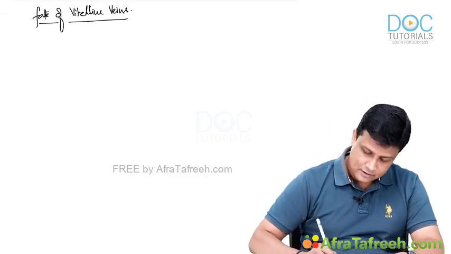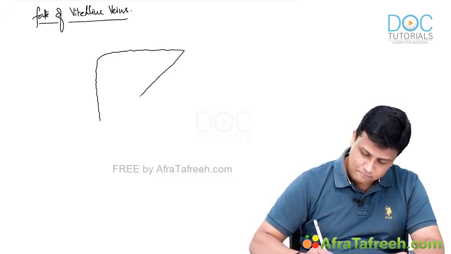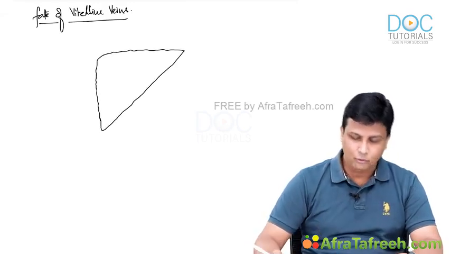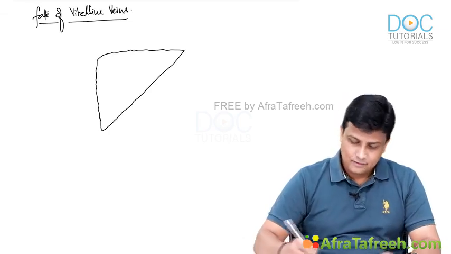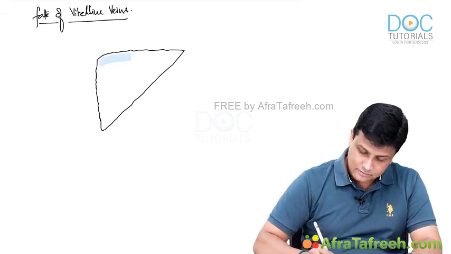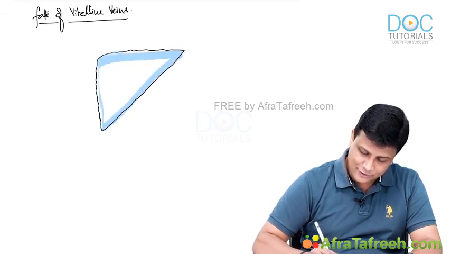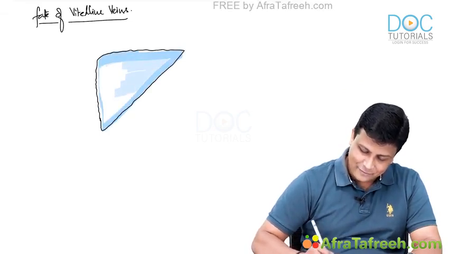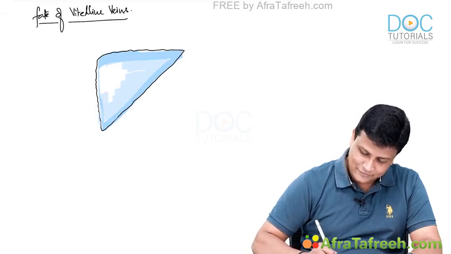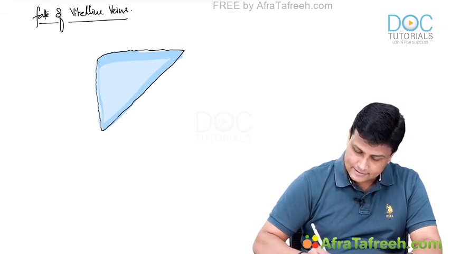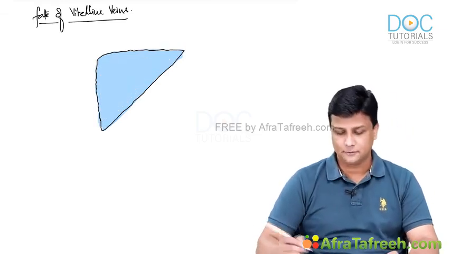Imagine this is your septum transversum, and this time I'm drawing it more like a liver only, because simultaneously the liver is also developing. It can't remain like septum only.